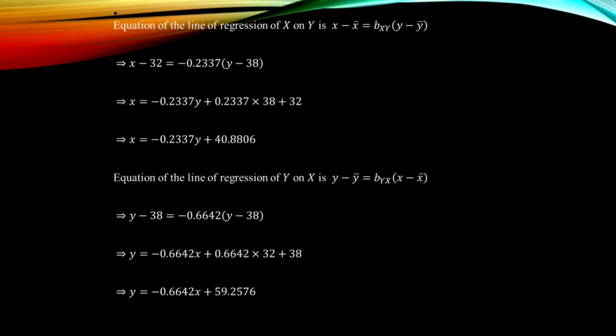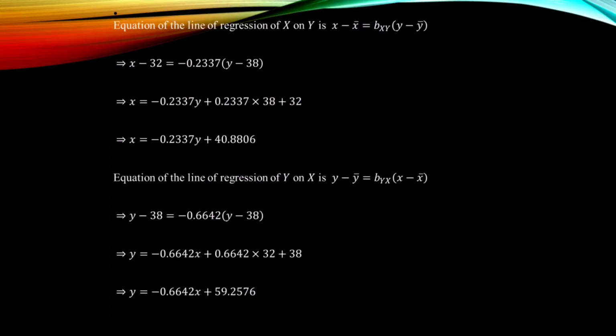Now let us find the equation of the line of regression x on y, that is x minus x bar equal to Bxy into y minus y bar. Here we know the value of x bar is 32, Bxy value is minus 0.2337 and y bar value is 38. By substituting we have x is equal to minus 0.2337y plus 40.8806.